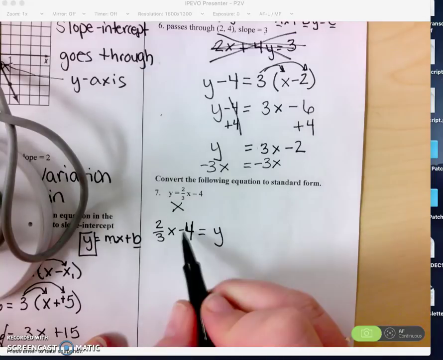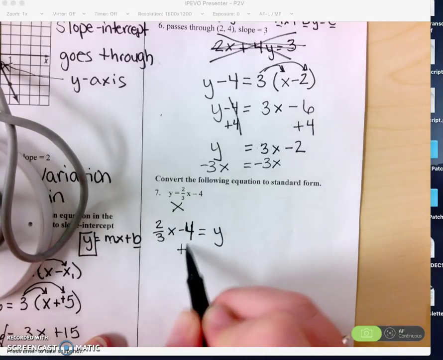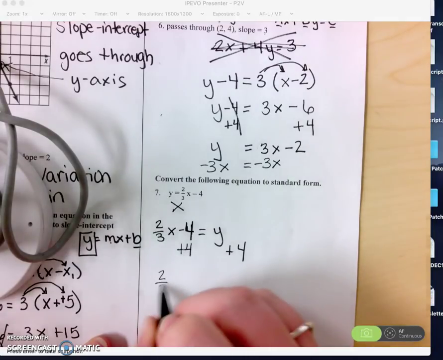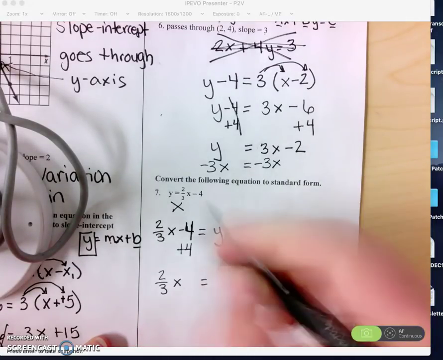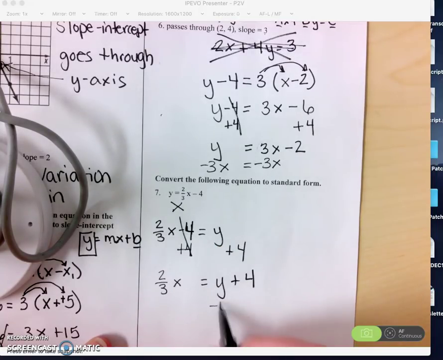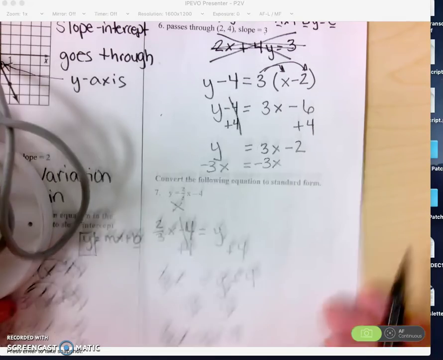Okay, now I need to get rid of my constant by adding that 4 to both sides. So I would have 2/3 x, this goes away, equals y plus 4. Now I need my y to be on this side, so I need to subtract it away from here. Subtract on both sides, so I have 2/3 x minus y equals 4. Here it looks like I'm going to be done, but I'm not.